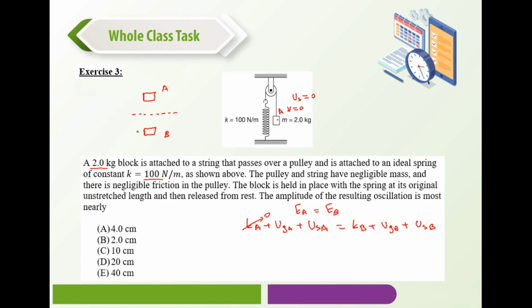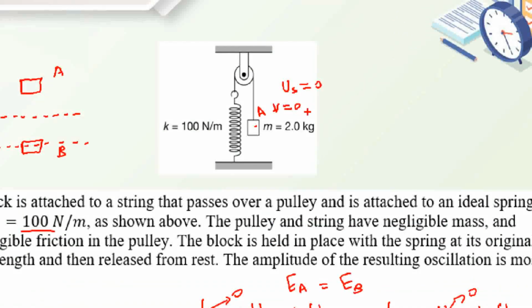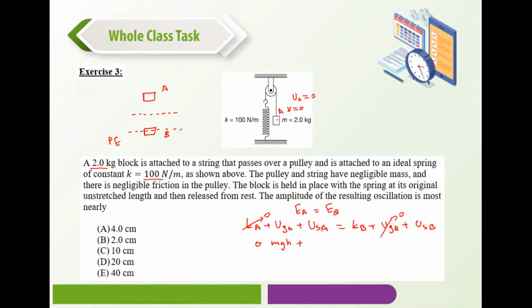Now initially, because we have released the block from the point A with no speed, kinetic energy at A would be 0. Now I will consider this level to be the PE level, which is the lowest point in my system, which means that the gravitational potential energy at the point B would be 0. Now at the point A, we have a gravitational potential energy given by mgh, plus because the spring at the point A is neither compressed nor elongated, I will consider the elastic potential energy at the point A to be 0.